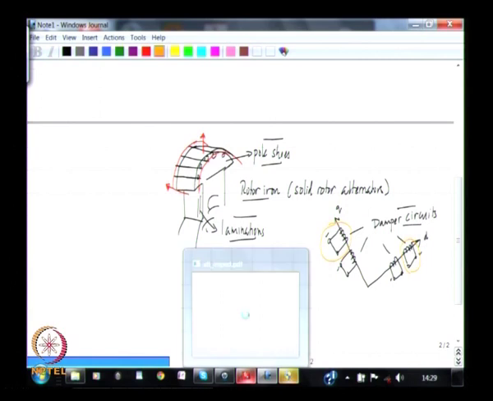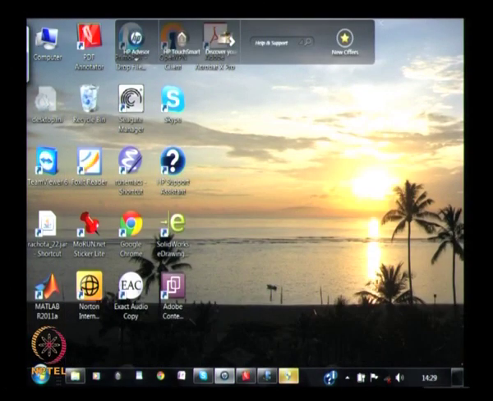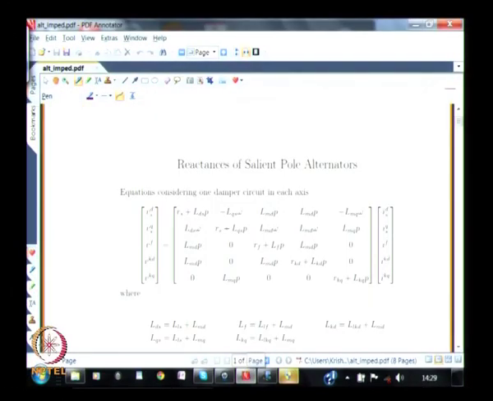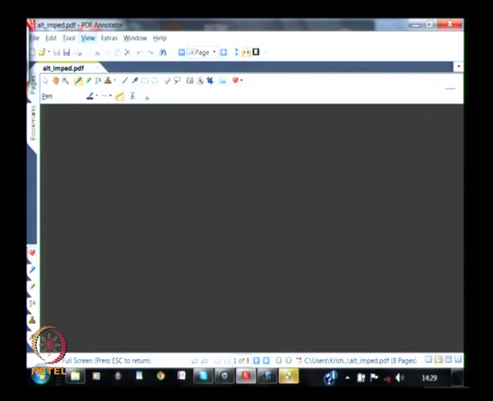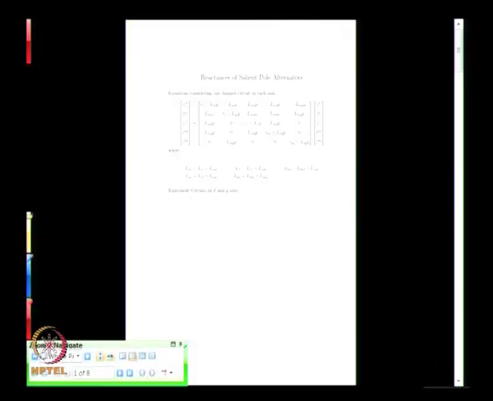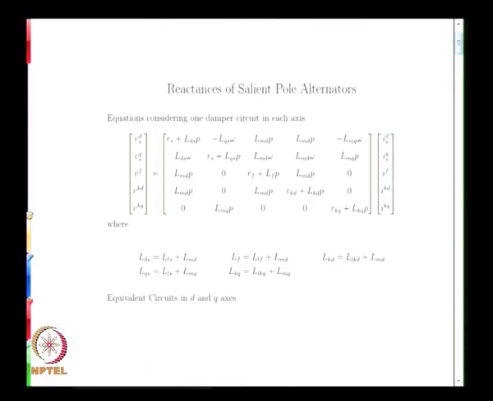We have of course derived this earlier, but let us look at the expression once again. So here we have the alternator equations considering one damper circuit in each axis.